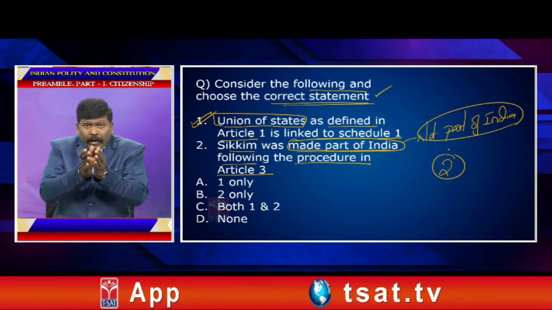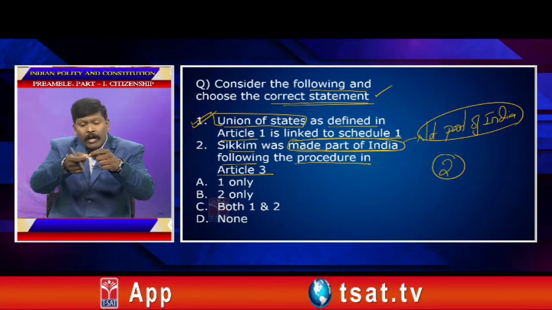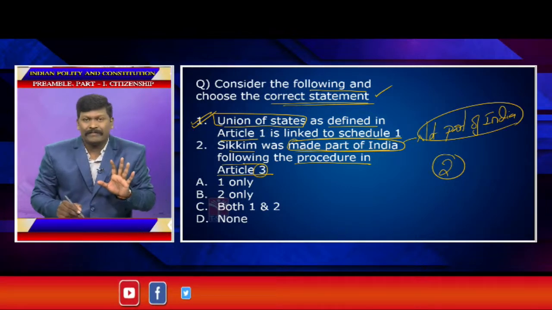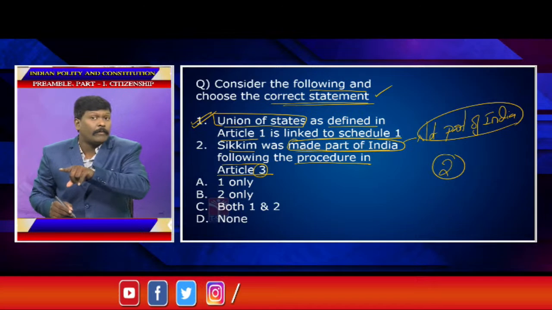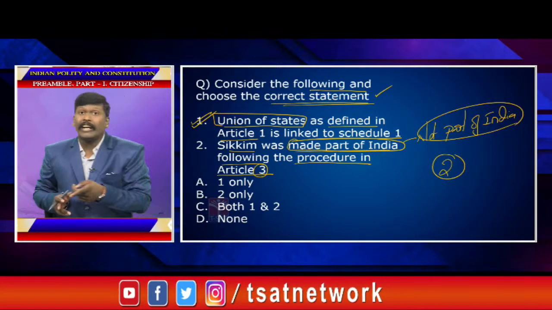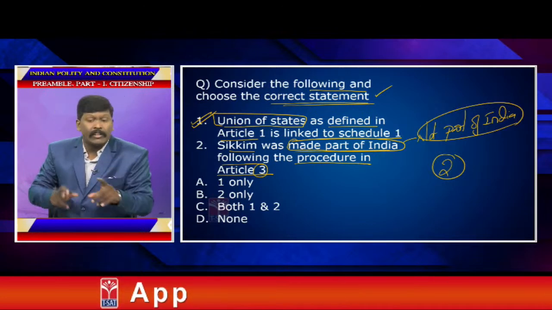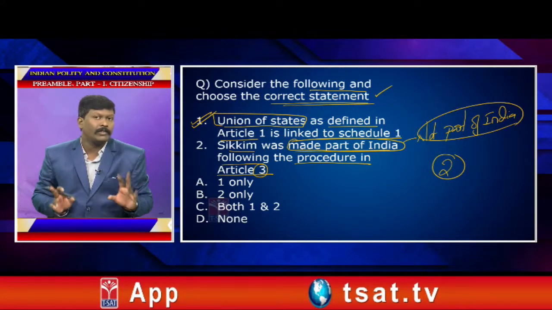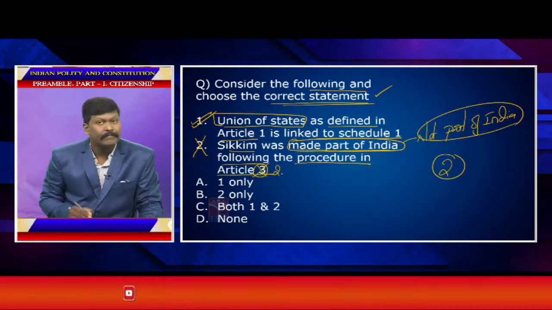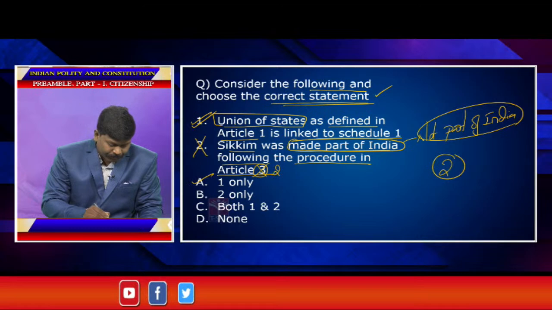If you want to reorganize Sikkim or change its name, you go with Article 3. So, Article 3 talks about states which are already part of India. Article 2 talks about states which are not part of India. So, this is wrong. It should be Article 2 here. So, the answer is A.